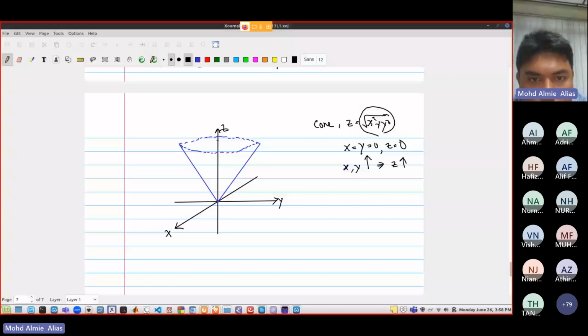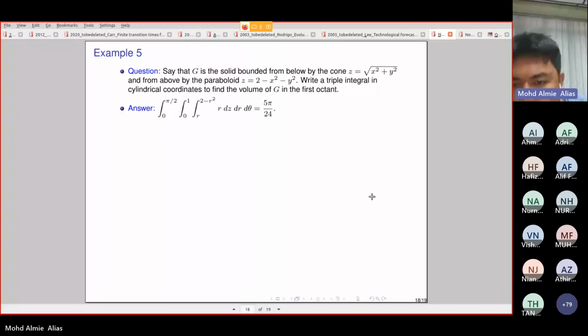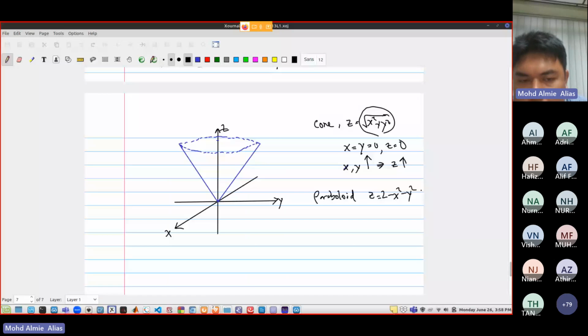And now the second one is the paraboloid, which is Z equals to 2 minus x squared minus y squared. So it's like a quadratic, something like this. Let's say this is your x, this is your y, for example.